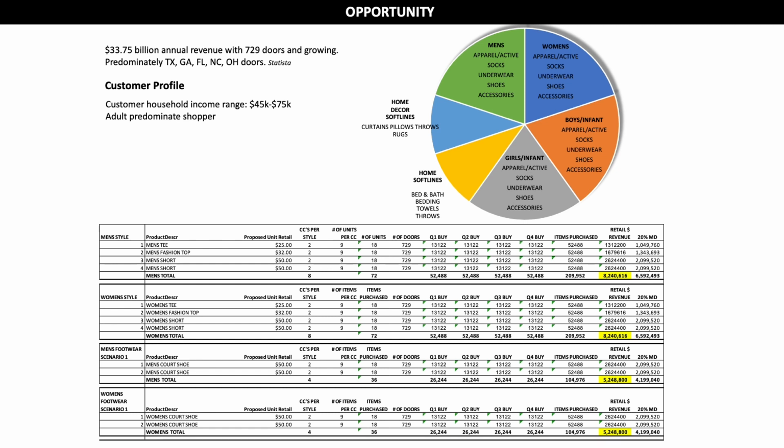How many doors, what the Q1, Q2, Q3, Q4 buys may be, so the total items purchased. And what that retail revenue may be, and also considering markdown dollars at the end. So this really gives you an idea of the data behind the type of product that you're going to propose and why the customer would need this product as a customer solution.